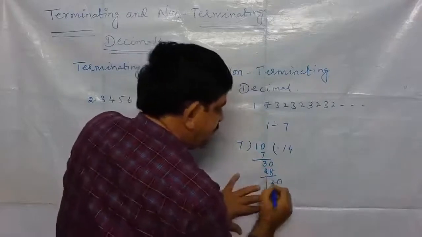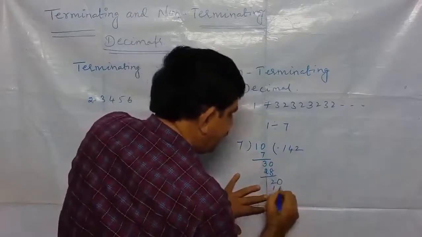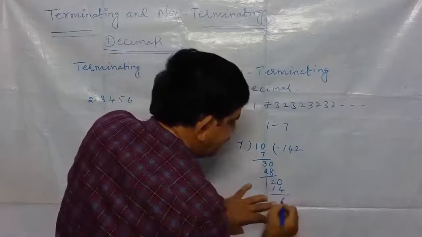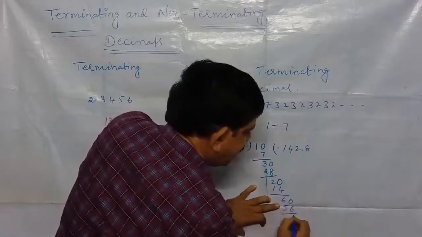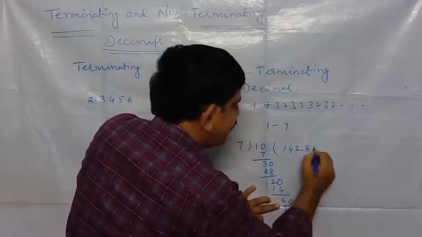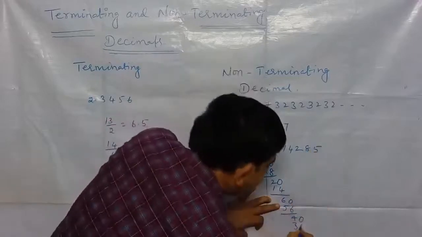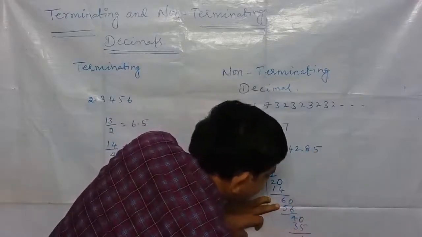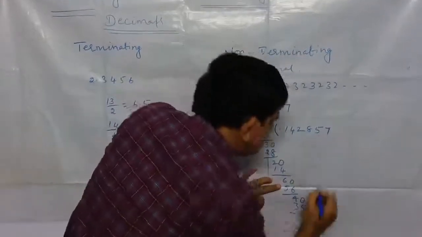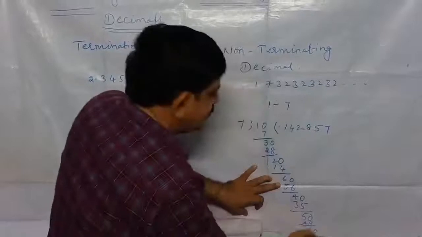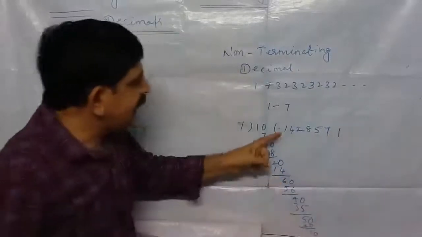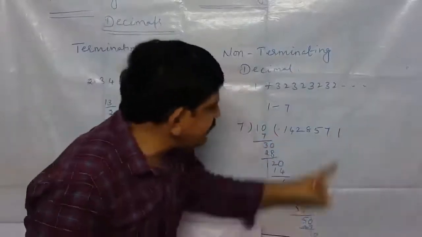Next take 0, 7 twos are 14. Next 6, 0, 7 eights are 56. Remainder 4, 0, 7 fives are 35. 5 remainder, 0, 7 sevens are 49. 1 remainder, 0 again. So 7 ones are 7. That means here again it starts with 1.